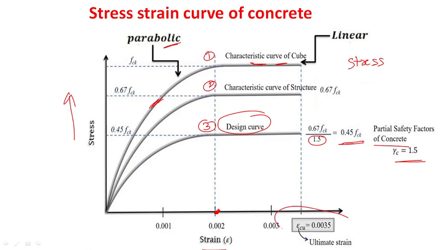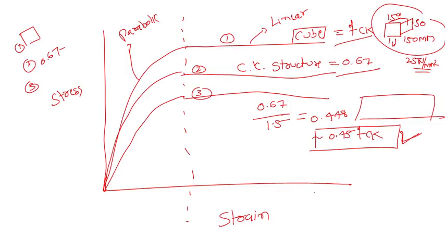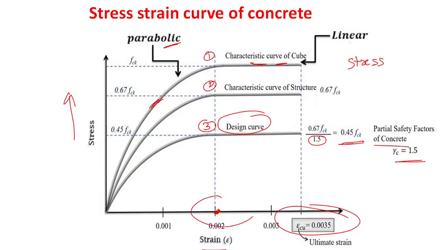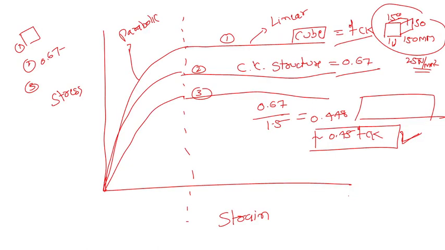And here 0.0035 is the ultimate strain. We will discuss that also in the upcoming class. This is very important, please remember this. 0.002 and 0.0035, we can say this is the extreme strain at the extreme outer fiber of the concrete. We have to remember these values.